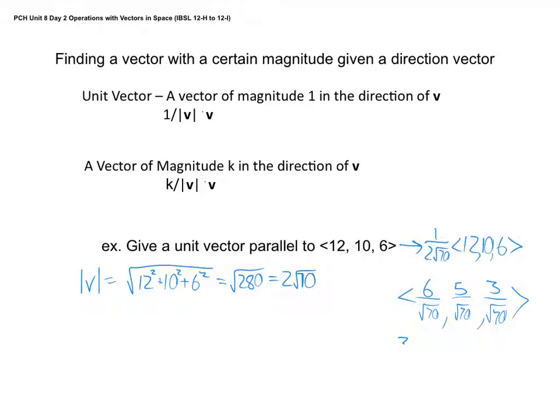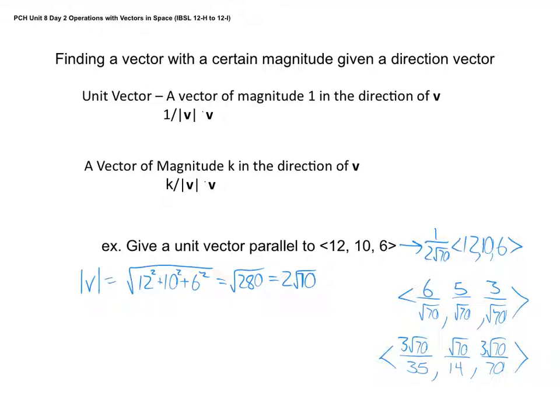So that's going to be 3 root 70 over 35, 5 root 70, well actually no, that'd just be root 70 over 14, and 3 root 70 over 70. That one won't reduce at all. You guys know how to simplify radicals, I just did it pretty quick.